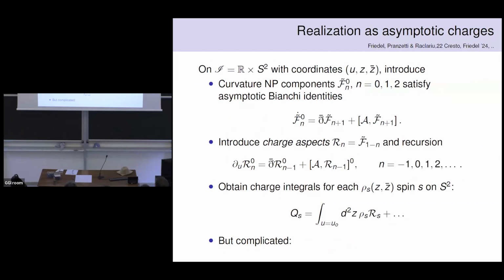If you want to determine what the other components are from the characteristic data, you solve the asymptotic Bianchi identities. So with n equals 0, 1, 2, you can go down this chain here, and you can find the rest of the curvature. And then after that, you can go on and try to compute the field in the bulk as well, at least in power series form, by integrating equations that look a bit like this.